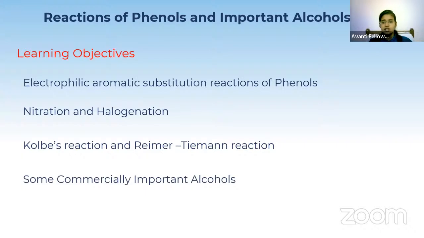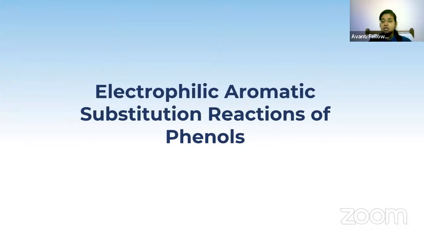All right, so let me go ahead with the electrophilic aromatic substitution reactions of phenols. Let's study the mechanism first and then we will enter into the reactions. You might be knowing about electrophilic aromatic substitution because in the previous lesson we have studied nitration, halogenation, sulfonation, etc. The same thing we are going to do here also.